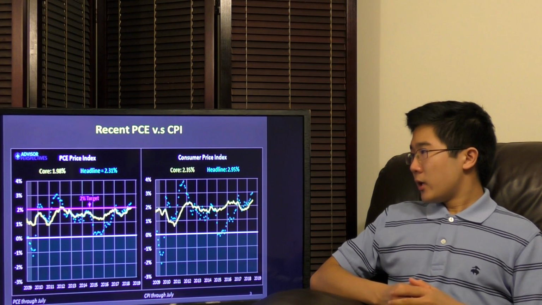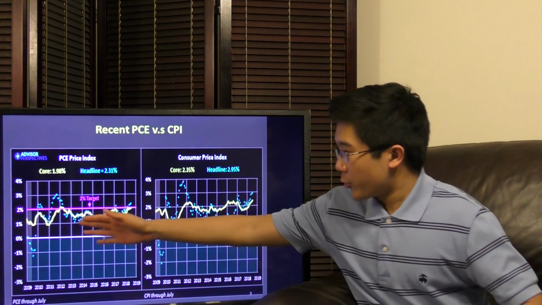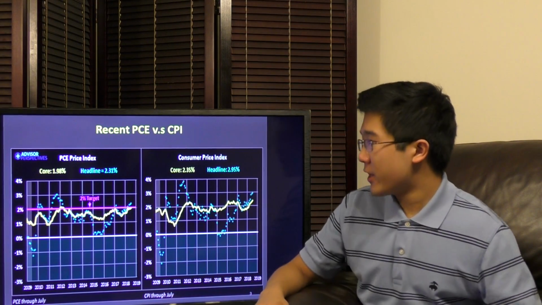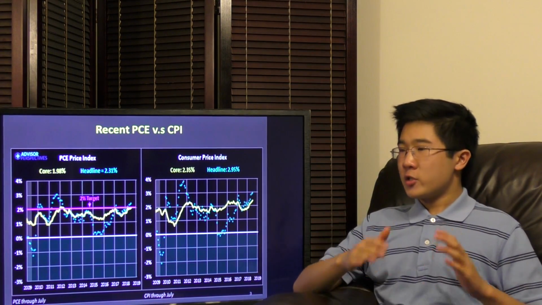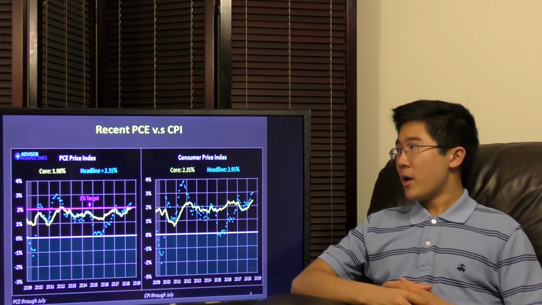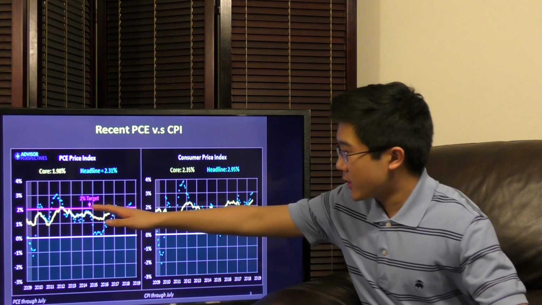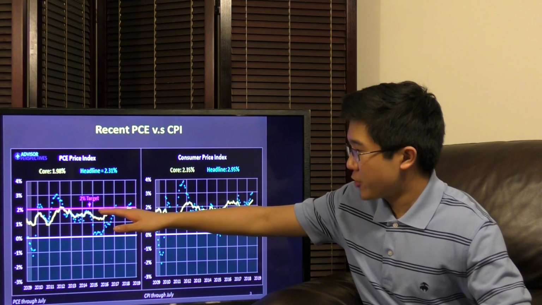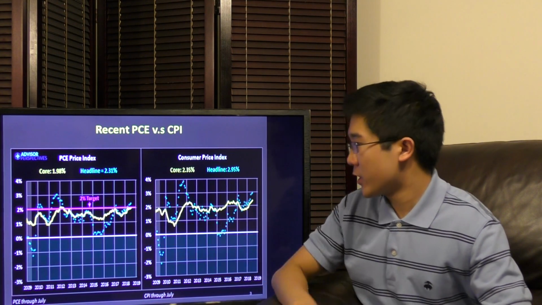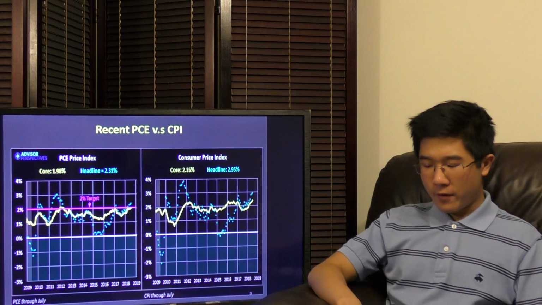We also drew a 2% target since the Fed explicitly states that its 2% inflation target is measured according to the core PCE. And so we see here that the Fed maintained a 2% target for the core PCE rates in this graph.